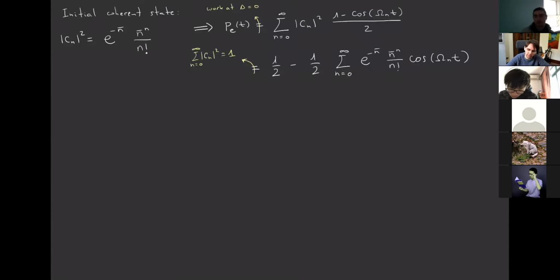And then this is an expression that is simple enough that we can plot with the help of some mathematics program, because this is just a sum. The sum cannot be performed analytically, at least that I am aware of, but we can always do it with a computer. So we can fix one value of the average photon number N, which I will put at 100 for the plot I am going to show you.